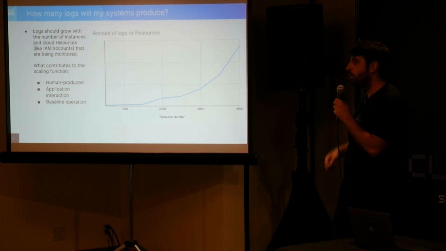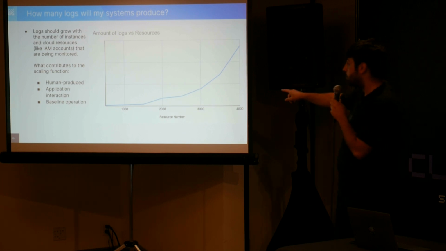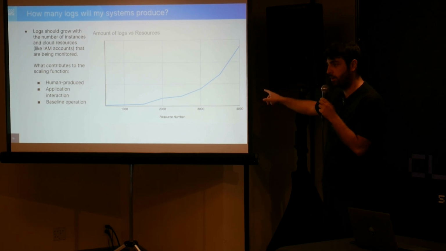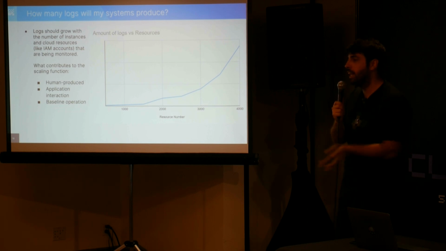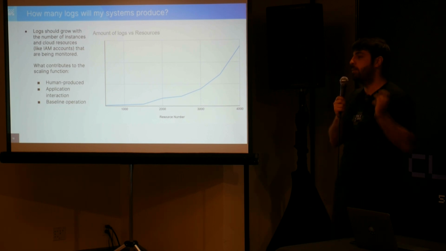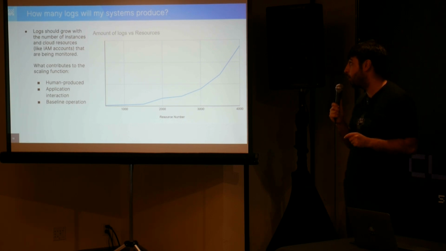The more you grow, the more problems can appear in your logging. This, for example, would be CloudTrail logging, which is the one that you should really, really enable. They call it the management API, because otherwise you will not know what people are doing in the environment.